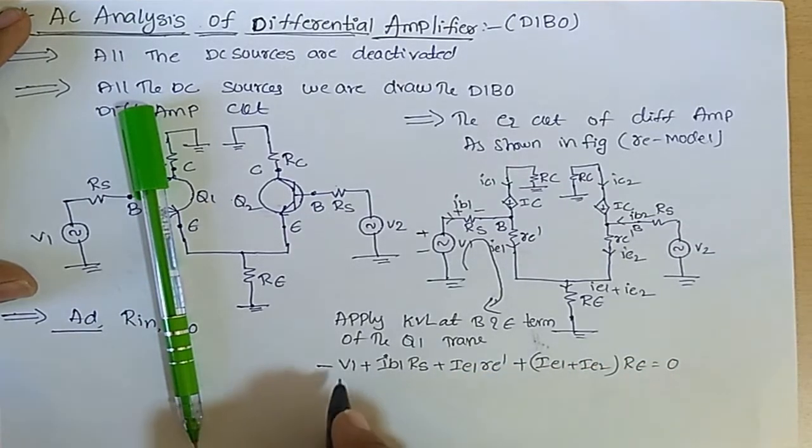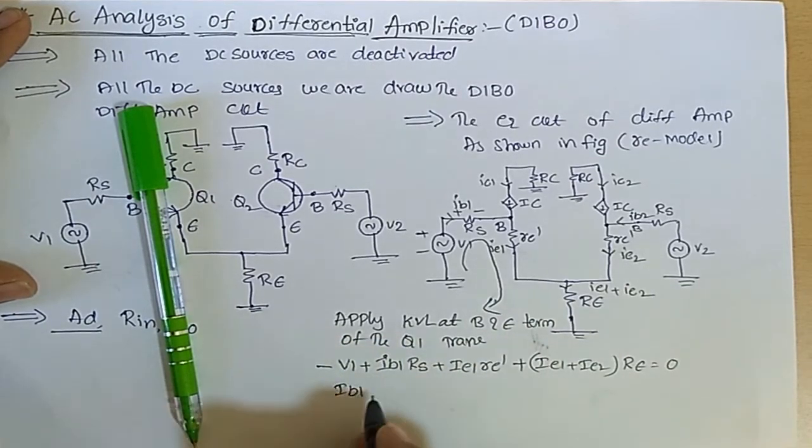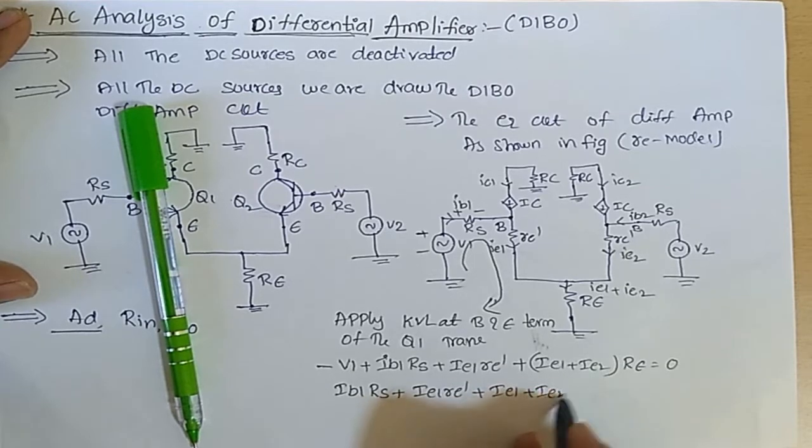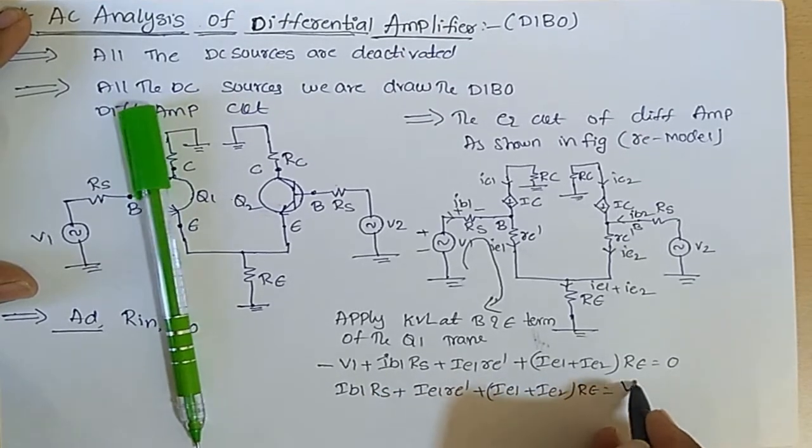Shifting the voltage to the right side, we get IB1 into RS plus IE1 into Re dash plus (IE1 plus IE2) into Re is equal to V1.